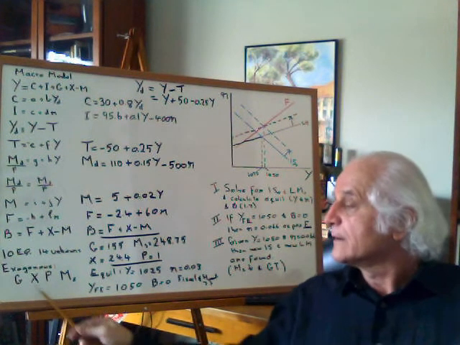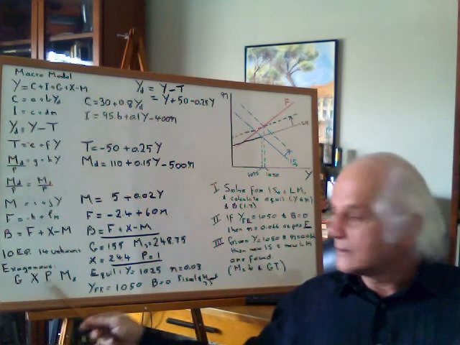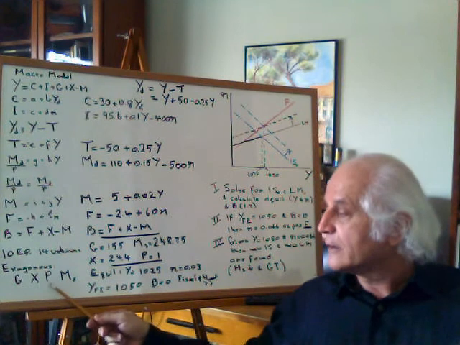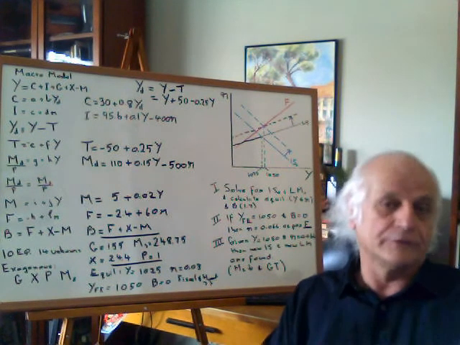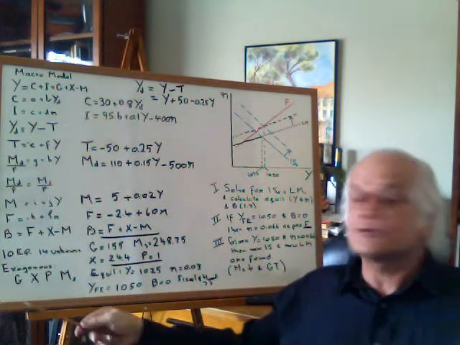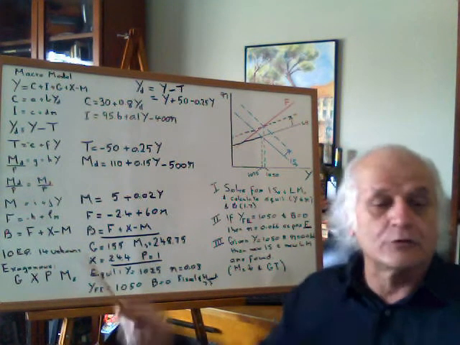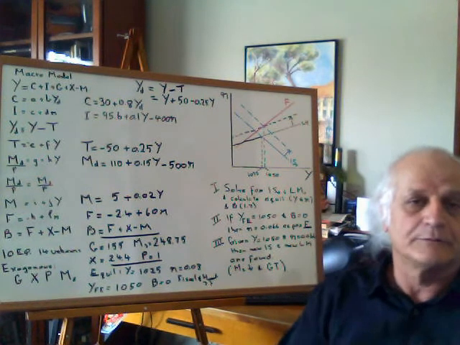In this case, we're going to assume that G, X, P, and M sub S, let's just say money supply, the price index, exports, and government, are given. So in that case, what do we have? We have then 10 equations in 10 unknowns. And obviously we'll be able to solve them, and voila, we're going to have an answer to our problem.